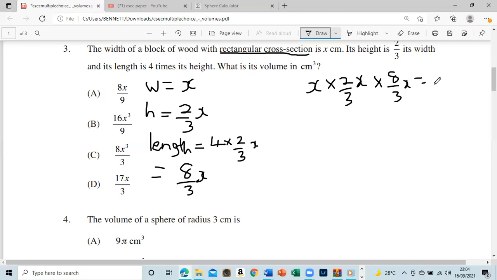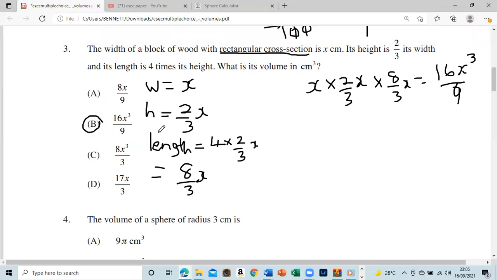See answer already, 16. 16x cubed. Remember the 3 x's, I will get a cube, right? And then 3 times 3 is 9. So our answer would be B for number 3. Very tricky question indeed.